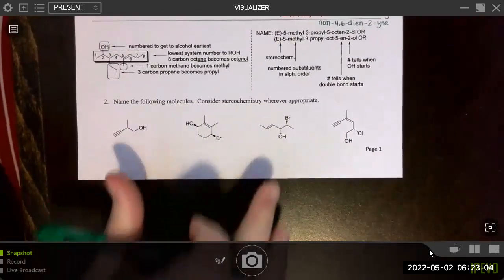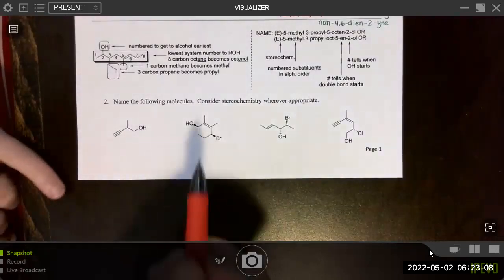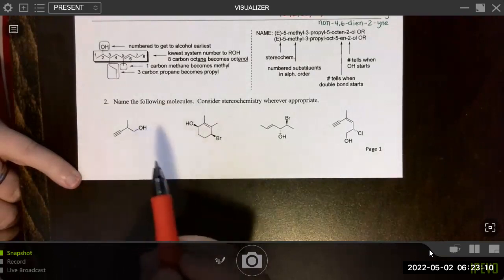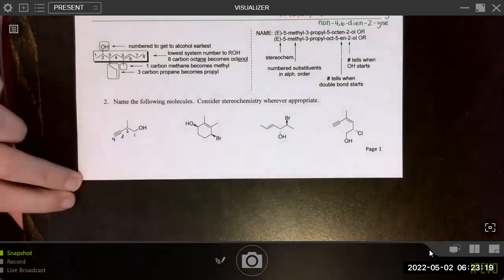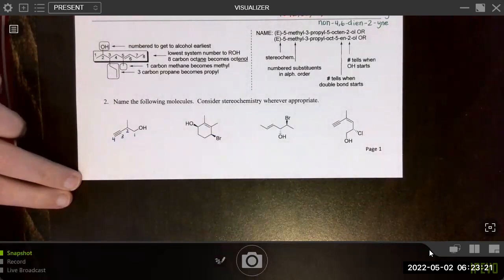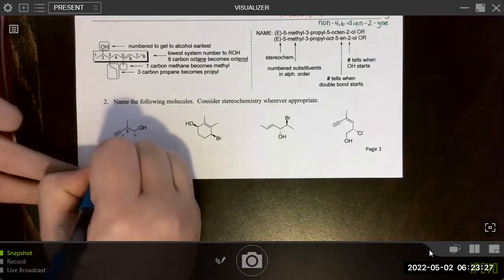Okay, let's go over some alcohol nomenclature as well. For alcohol nomenclature, we want the lowest number possible for the OH group and the longest carbon chain. So 1, 2, 3, 4. We do have a substituent and no stereochemistry that we need to worry about, so we'll go with 2-methyl.